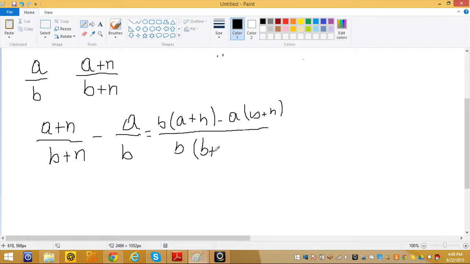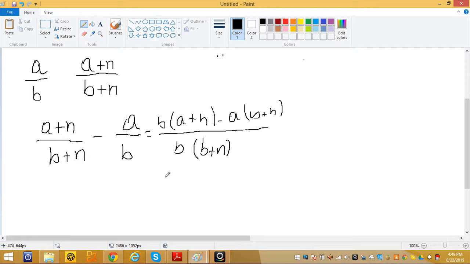In this case, b times (b plus n) is always going to be positive, so this is a fraction, and we are pretty sure the denominator is going to be positive. Let's work on the numerator. Because the denominator is positive, we just need the numerator to be positive.